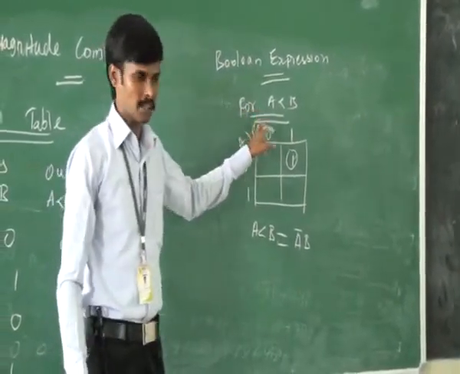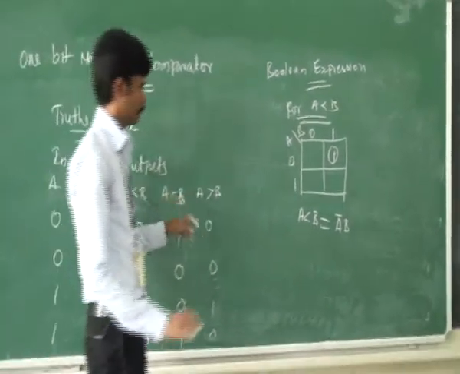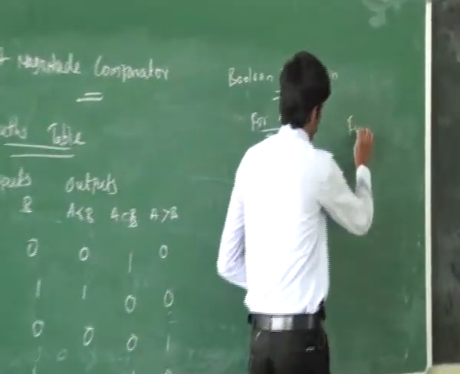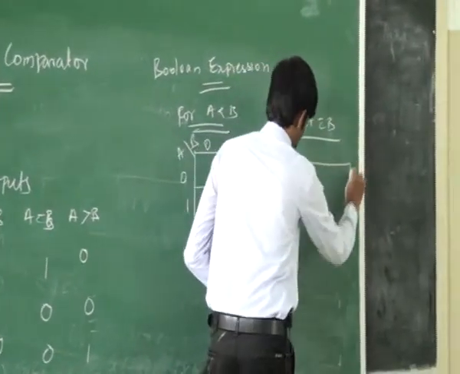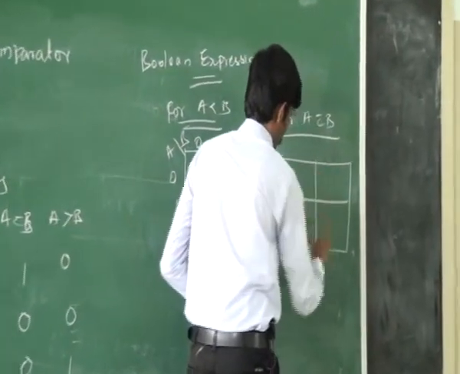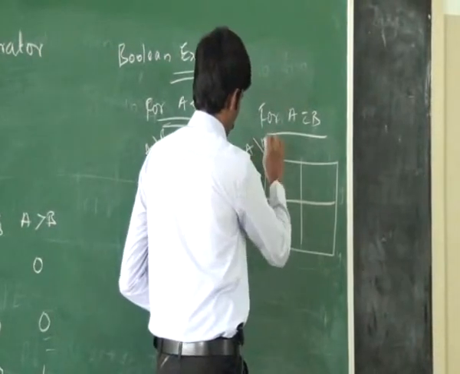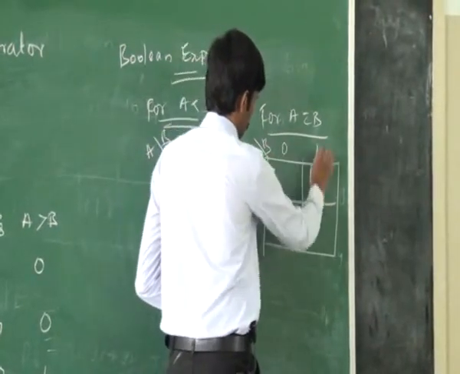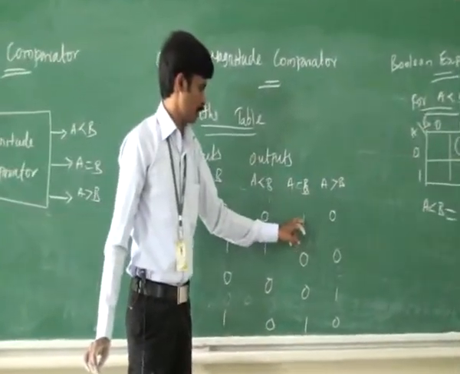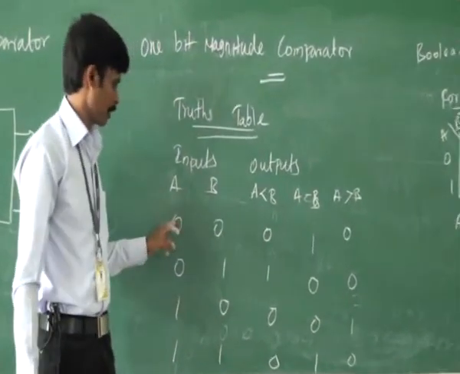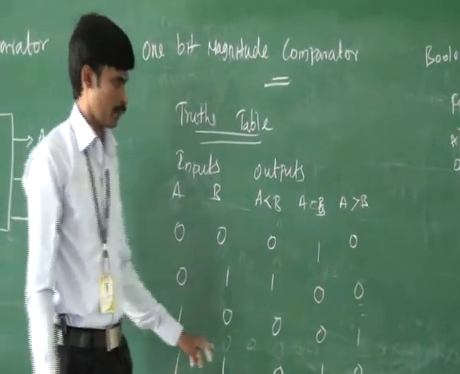Second one, the Boolean expression for A equal to B. A and B are the input variables. Here the output A equal to B will be 1 for the input combinations 0 0 and 1 1.